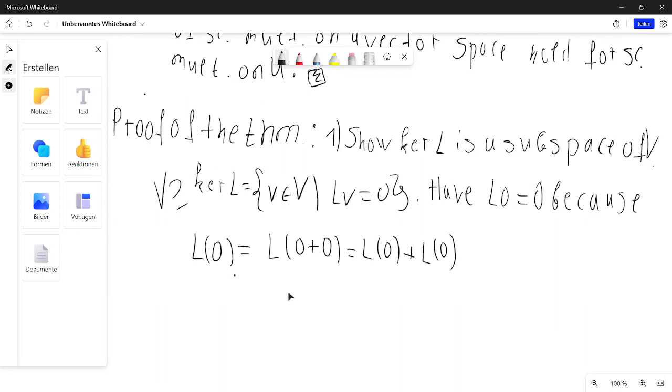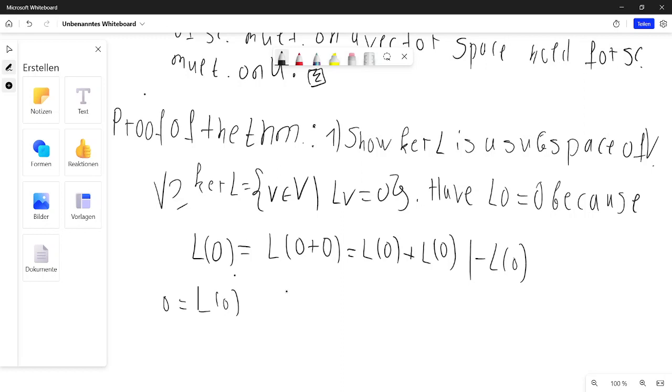We just subtract on both sides L(0) and obtain, well, the equal thing subtracted from the equal thing gives equal things, so that must be 0.